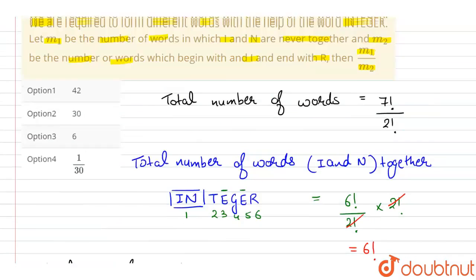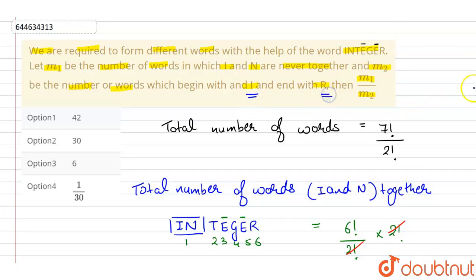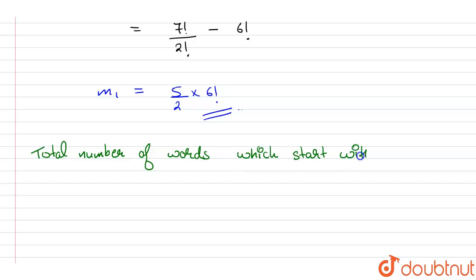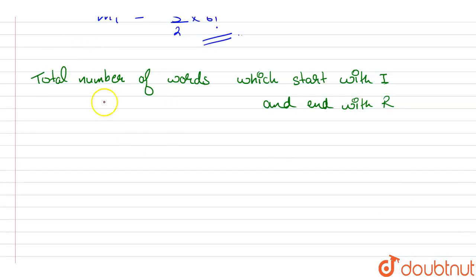Now we need to find out the total number of words which start with I and end with R. Let's suppose we have fixed the position of I in the front and the position of R at the last, because the words start with I, so I will be in the first position, and end with R, so R will be in the last position.